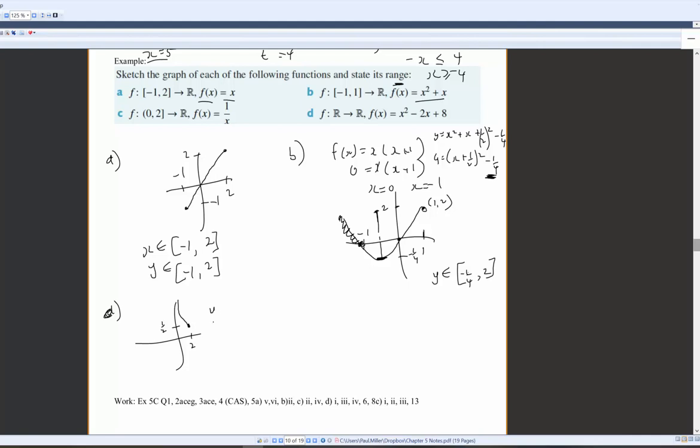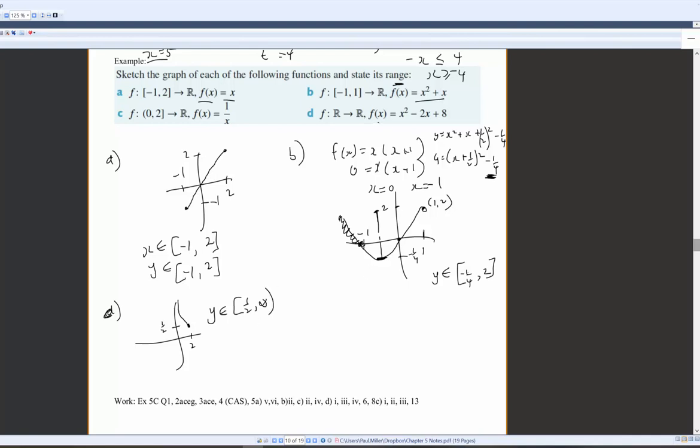So our range, y is an element of: the lowest value that can come out of this function is a half, and it will then tend closer and closer, infinitely close to 0. And when it tends close to 0, these y values will approach positive infinity.